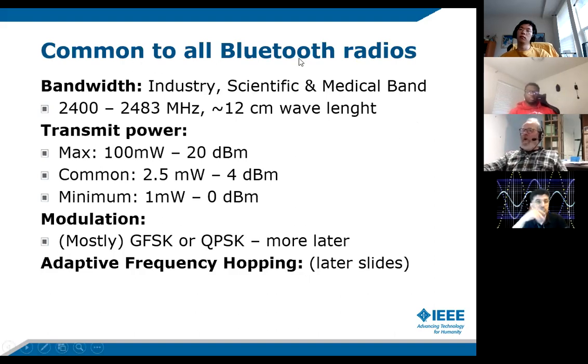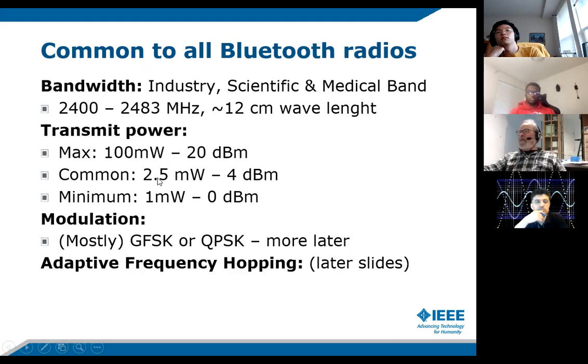So common to all Bluetooth radios is the ISM band. The wavelength is about 12 centimeters. The transmit power, the max is 100 milliwatts, but normally it's a lot less.